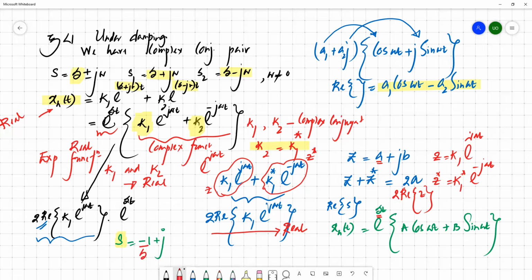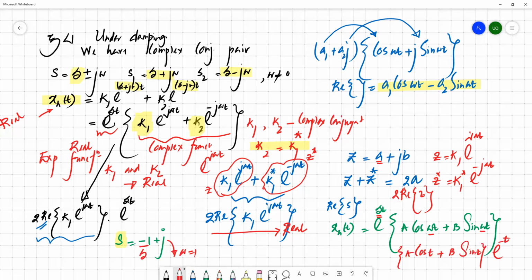Here omega equals 1, so if you plug it in, this becomes a cos t plus b sin t, times e to the power minus t. If the roots are -1 plus j, this is the solution.